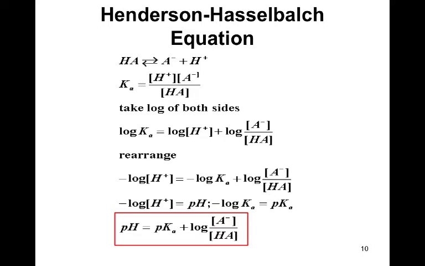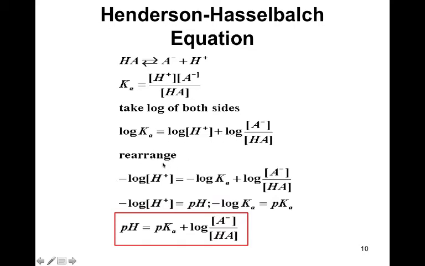So the Henderson-Hasselbalch equation provides a relationship between the pH and the pKa, or the dissociation constant. The way it is derived is really simple. You start off with the equation for the equilibrium constant, which is what you have here, and then you take a log on both sides. So what you end up getting is this equation here.